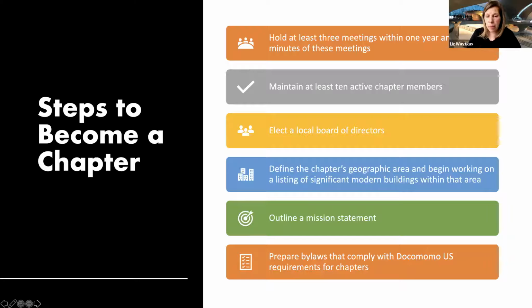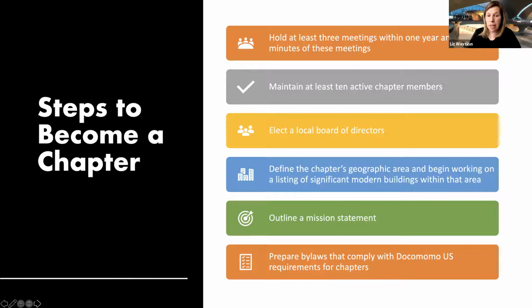Outline a mission statement, really what it is that your chapter would like to do. You can certainly follow the example of Docomomo US. You can look at some of the other chapters, but that mission statement would be specific to your chapter. And then prepare bylaws that comply with the Docomomo US requirements for chapters.